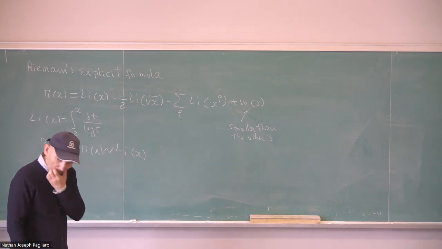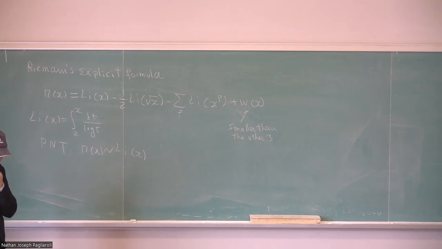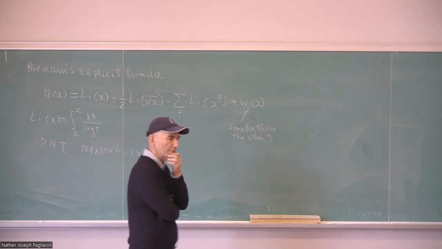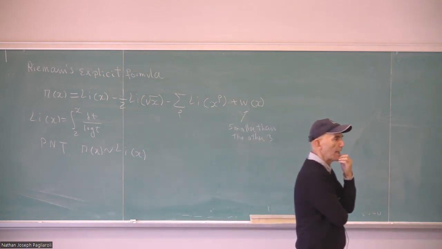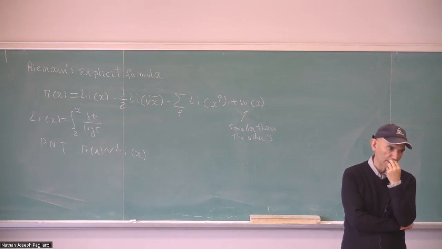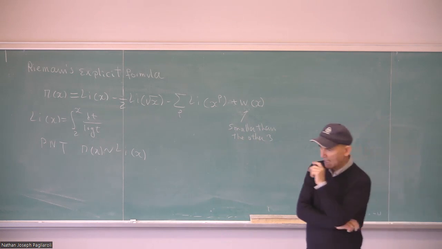So basically, we covered everything in Riemann's paper, so to speak, except one item. And that's the first item he touches, his first proof of analytic continuation and functional equation. So I'm going to look at that now.